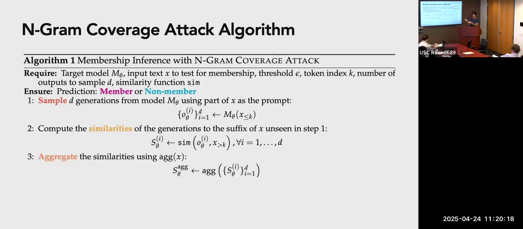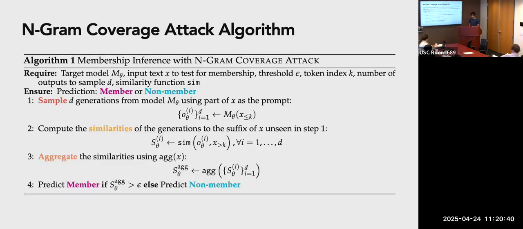Some of the texts were very similar, they reconstructed it well, but some of them didn't. We need to condense this into a single score so we can make a prediction, so we're going to use an aggregation function. I'll go over more engineering details on what we can use here, but I just want to keep it abstract. The aggregation function condenses this into a single scalar value. Then we'll use this epsilon parameter to predict member if this aggregated scalar is greater. Otherwise, we predict that this is not a member.